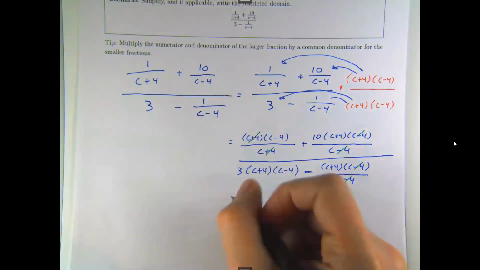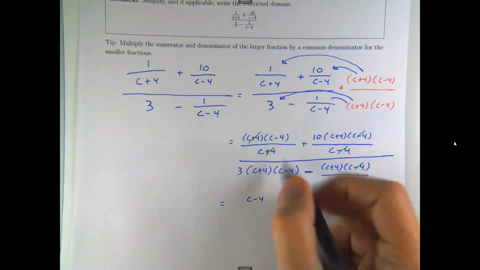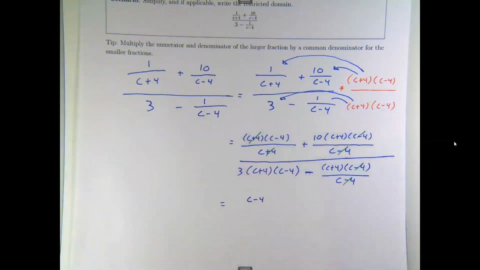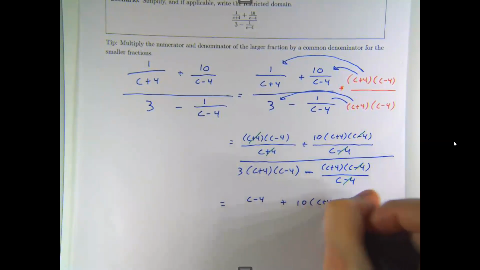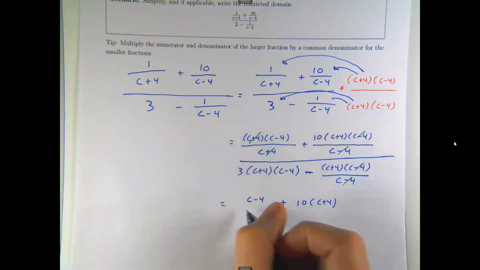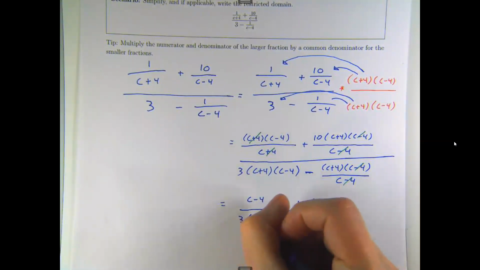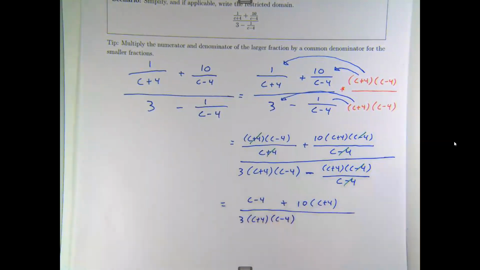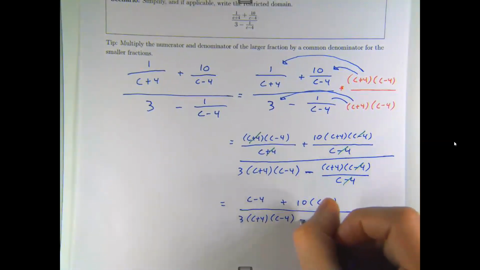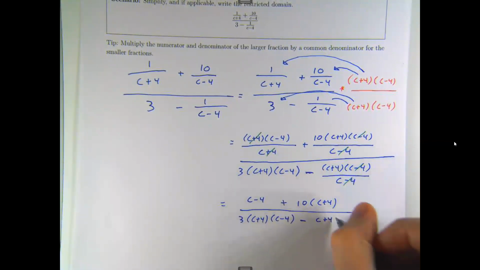So what I'm left with is c minus 4, that's that first piece, plus 10 c plus 4, that's that second piece, over 3 c plus 4 c minus 4, minus, the only thing left here is the c plus the 4.